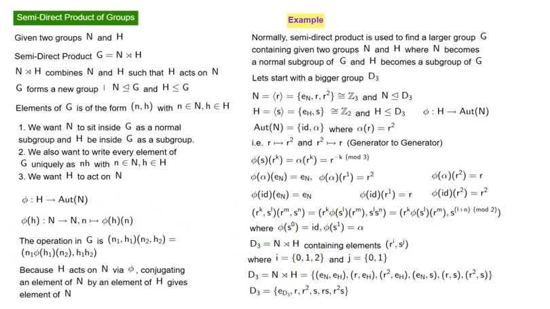So if we do the comparison, we will arrive at the fact that D3 is isomorphic to Z3 times Z2, where here times means semi-direct.